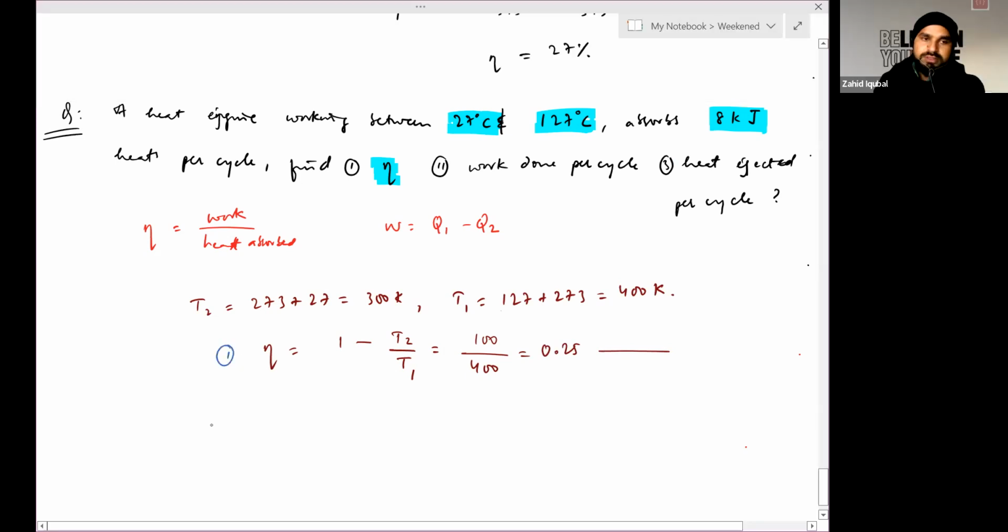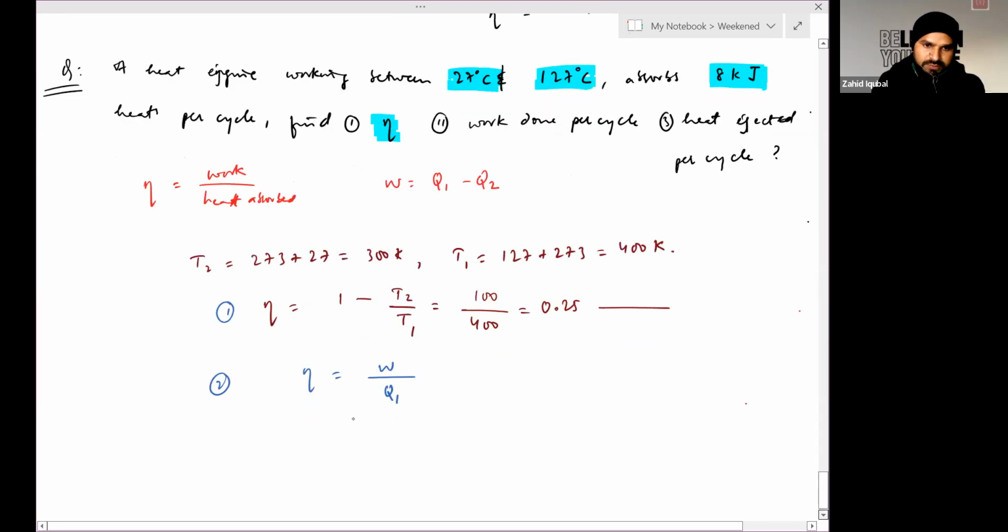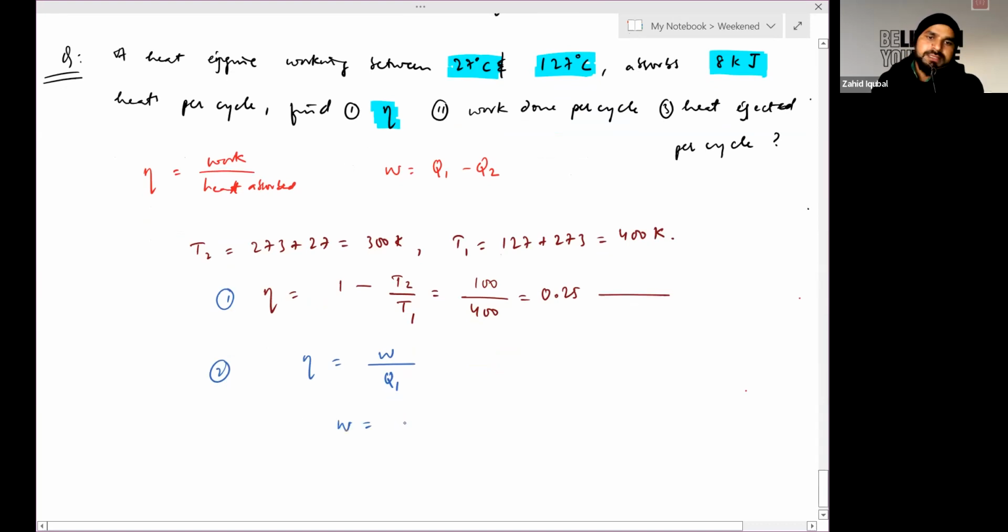Second part, work done per cycle. Using eta equals work done by heat absorbed, we have heat absorbed 8,000 joule. So work done will be eta, that is 0.25, multiplied by Q1, 8 into 10 to the power 3. 25 into 8 is 200, so it will be just 2,000 joule or 2 kilojoule.